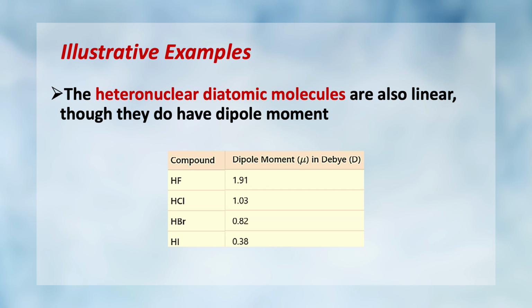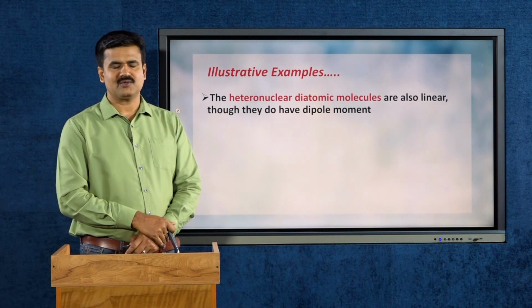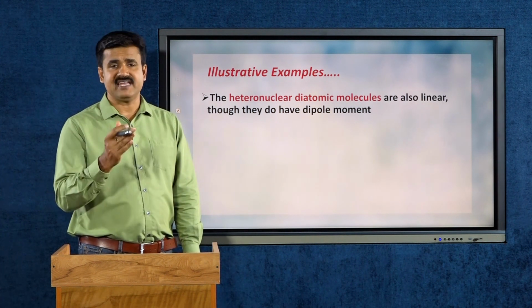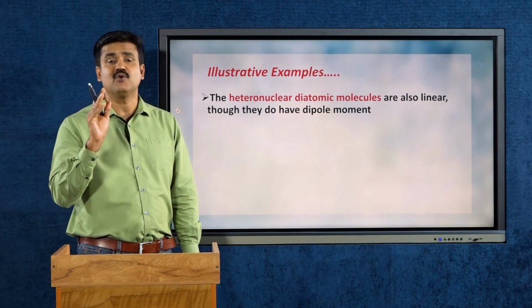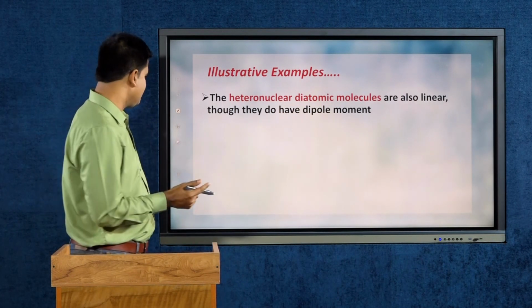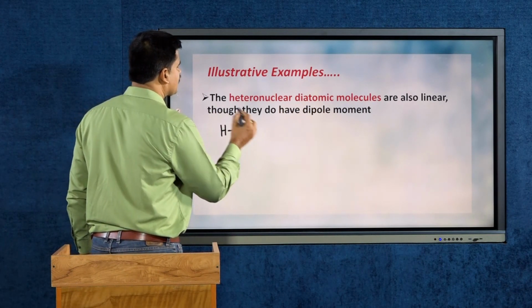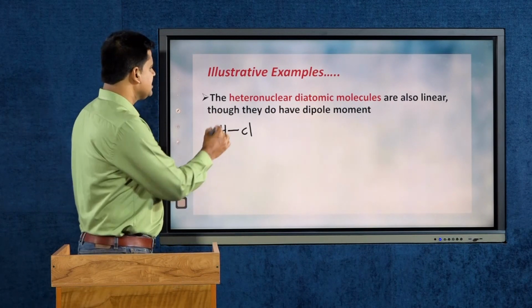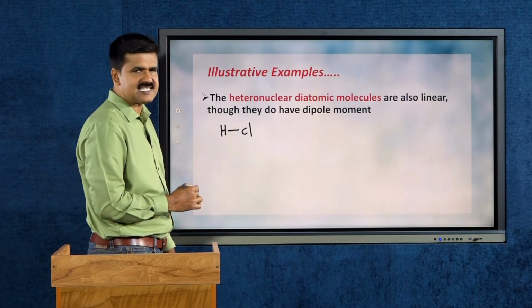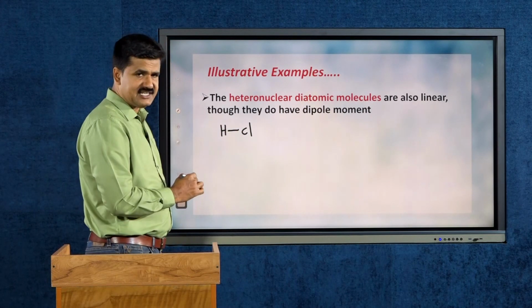Now we are discussing heteronuclear diatomic molecules. Heteronuclear diatomic molecules are molecules where there is a bond and the participating atoms in the bond are different. For example, the molecule HCl provides a nice example for a heteronuclear diatomic molecule. In the case of HCl molecule, there is electronegativity difference.